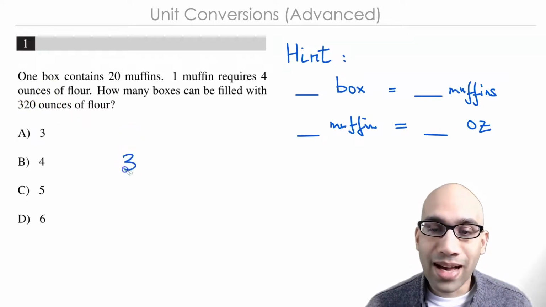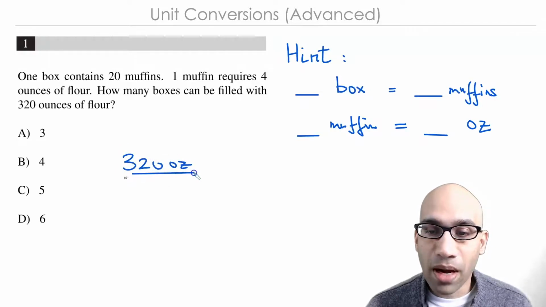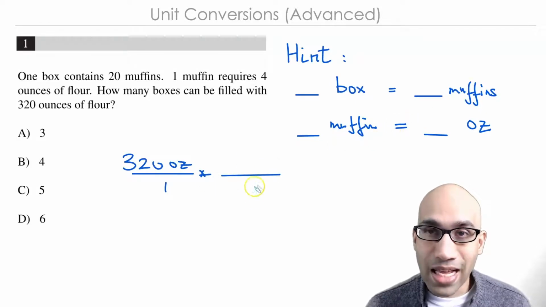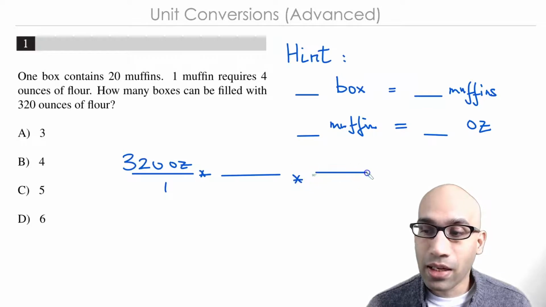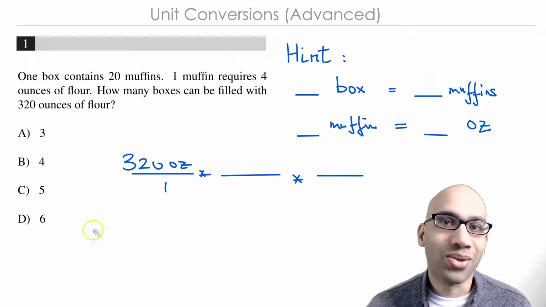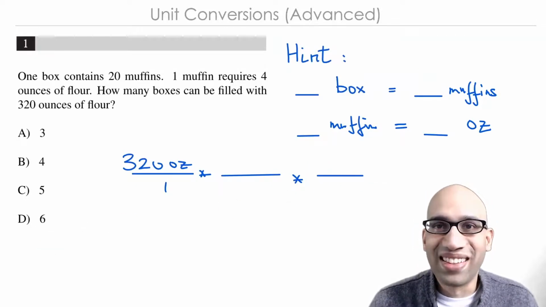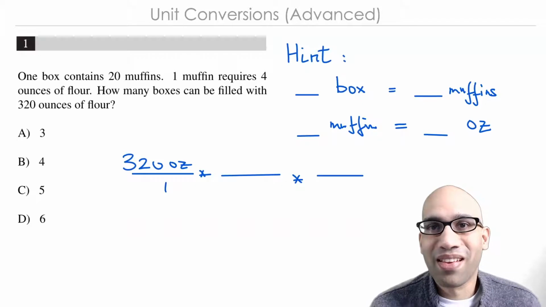Just write down 320 ounces over here, divided by 1, multiplied by, find where you have the ounces, write that equation, then again multiply it by another equation, which is going to be the first one, and you're going to get the answer. I'll wait here for a few seconds.